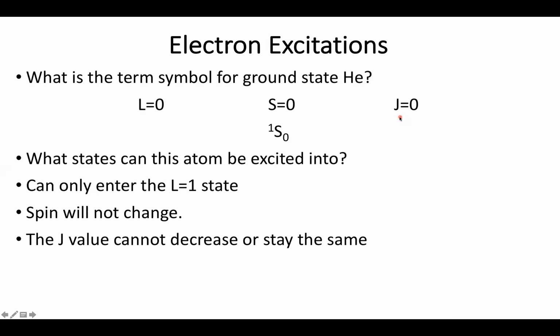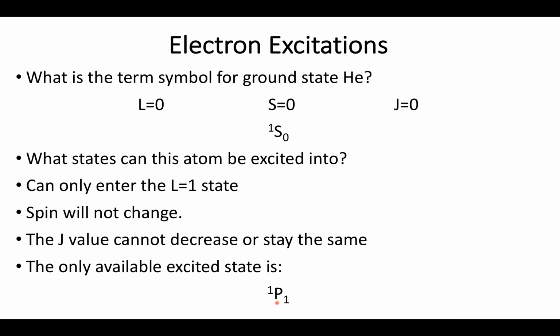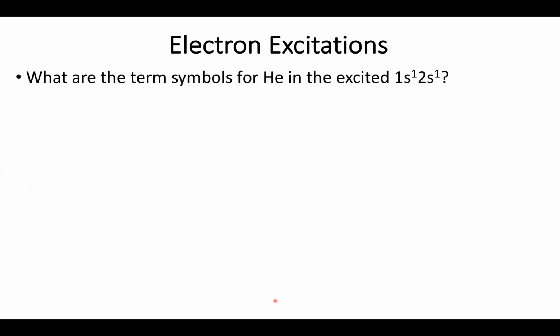So this gives me a singlet P with a J of 1. Now, it's always worth double checking that your product state does satisfy Russell-Saunders. So I have an S of 0 and an L of 1, so J has to equal L, and in fact, it does.